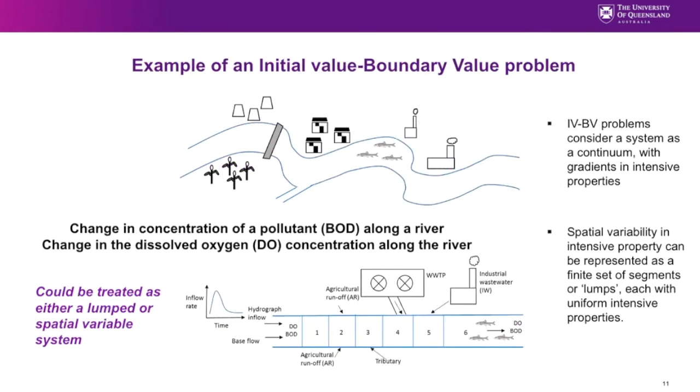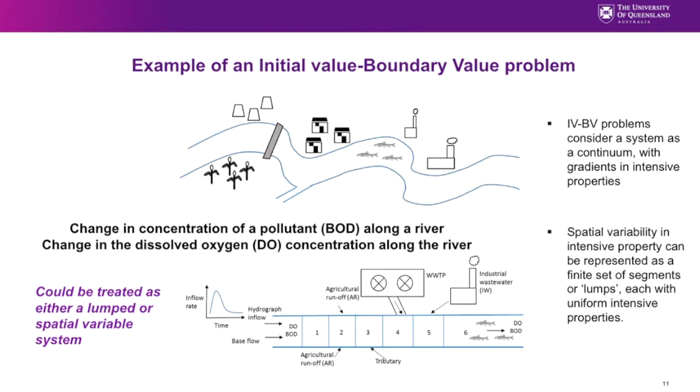So this is an example of an initial value boundary problem. And I'm going to give two examples of 1D models that can be treated as lumped models or as only time dependency models, okay?